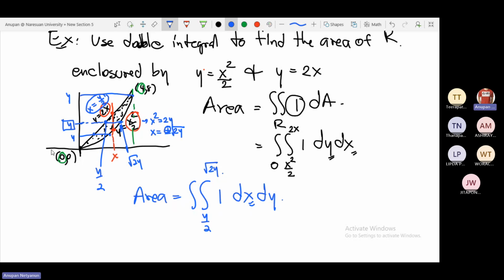It's starting from this level of y, which is 0, sweeping all the way up to this level of y, which is 8. So the running number for y is going to be from 0 to 8. So I'll let you do the integration.